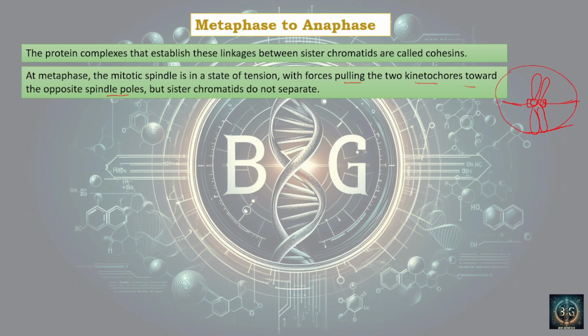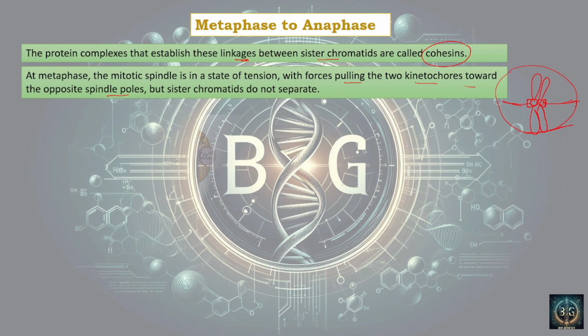But in this case, when the mitotic spindle is in a state of tension, that means it applies force to pull the two kinetochores toward the opposite poles, it tries to separate the sister chromatids, but sister chromatids do not separate. So, to separate these sister chromatids, cohesin proteins should be removed, because they link the sister chromatids. They establish linkage between sister chromatids.